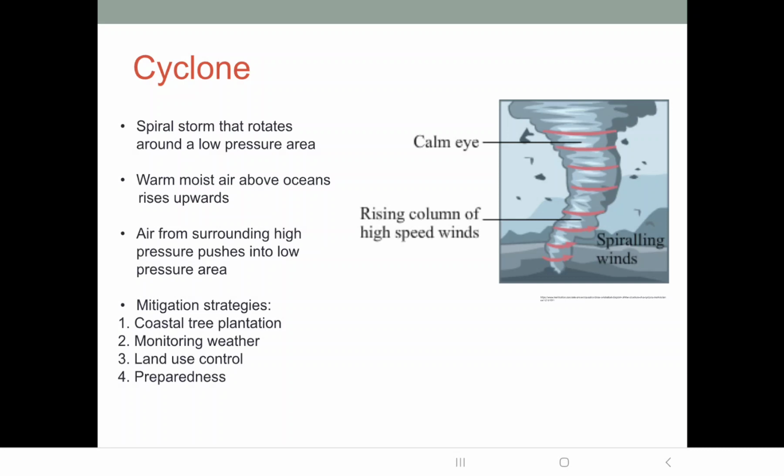There is no option. So from the cyclone prone area, they have to be shifted to another area. So mentally people should be prepared, they should be well informed that this might happen in the future. So you have to shift to the interior of the country.